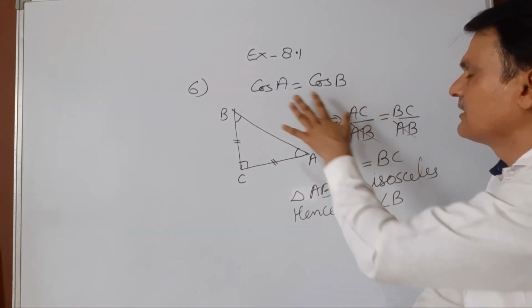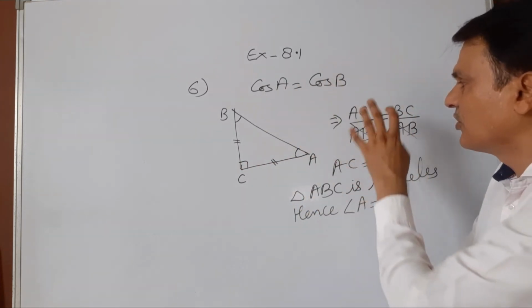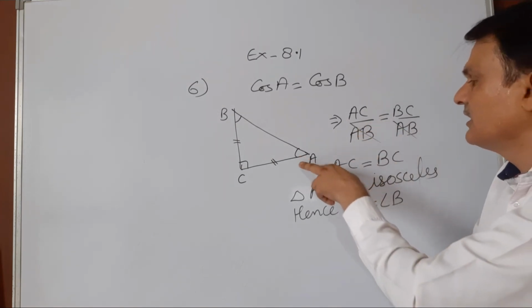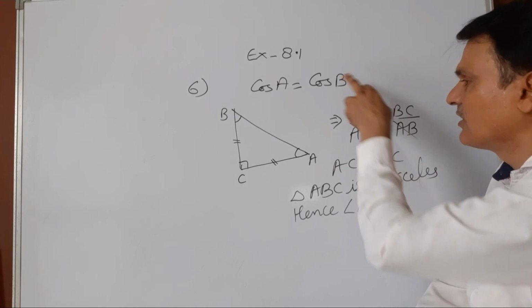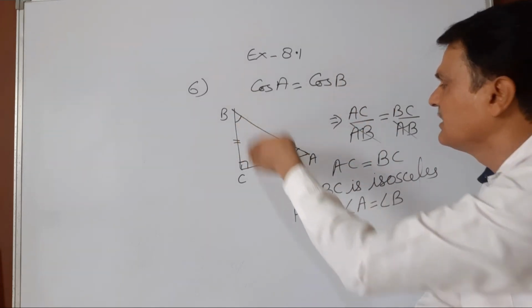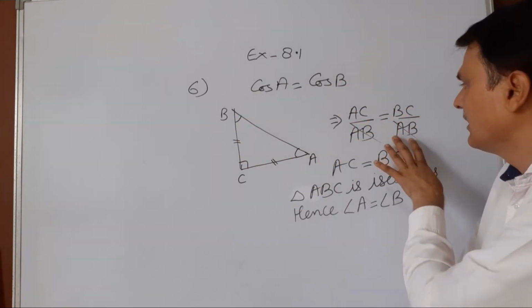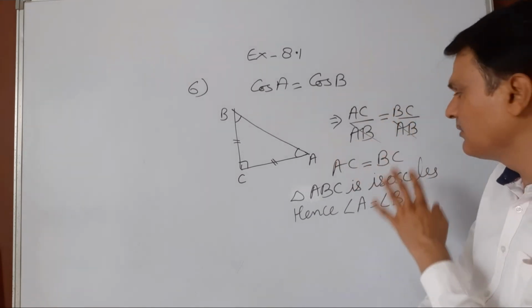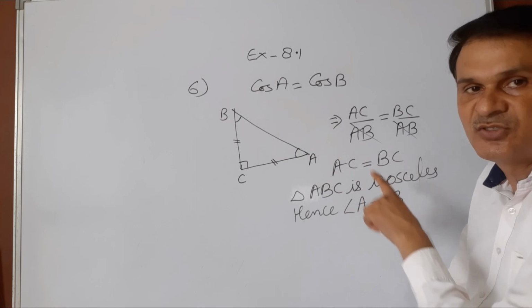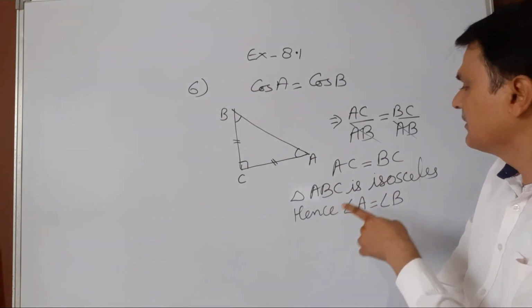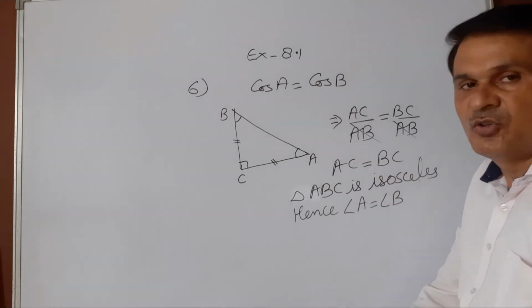So cos A is the side next to A upon hypotenuse AB, that is AC upon AB. Cos B is the side next to B, that is BC, upon hypotenuse AB, and by cancelling out AB, we get AC equal to BC. This means this triangle is isosceles, and hence angle A equals angle B.